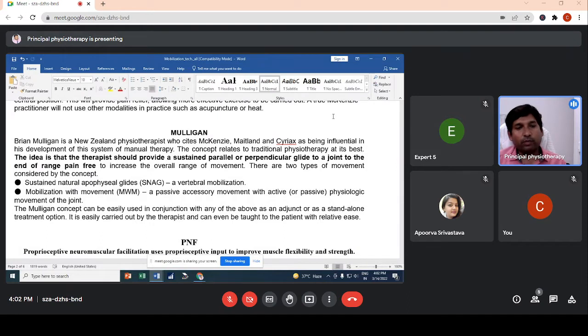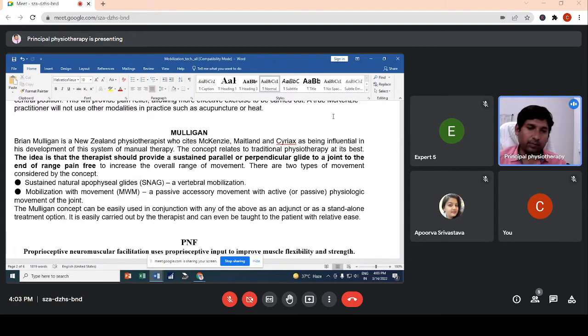And mobilization with movement is a passive accessory movement with active or passive physiological movement at the joint. It means in case of MWM, we provide mobilization and simultaneously the patient is asked to do active movement.